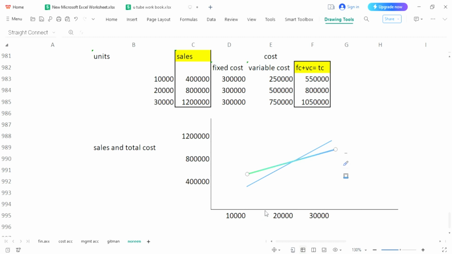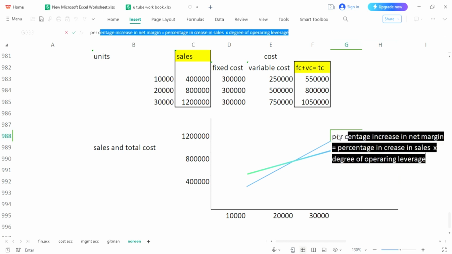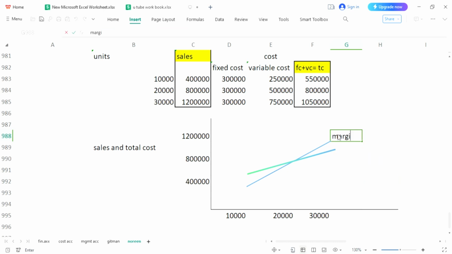Now it is changing. Okay. So we have changed it. This first line was for the sale price. You can write over here, it is your sales. And the first line was for sales and the second line would be used for cost.